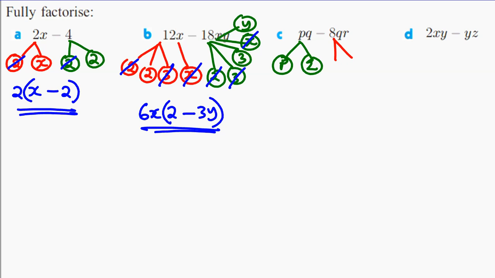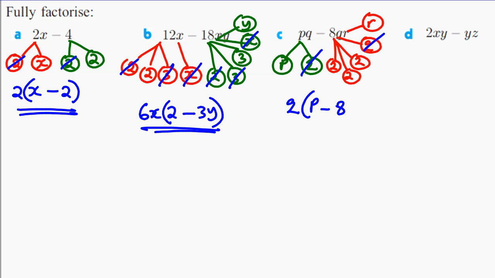So the common factor is just Q. So my answer will be Q into bracket P minus 8R.